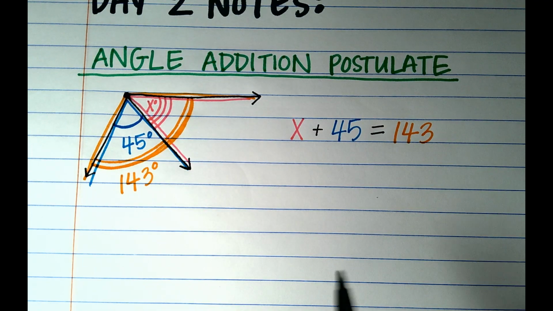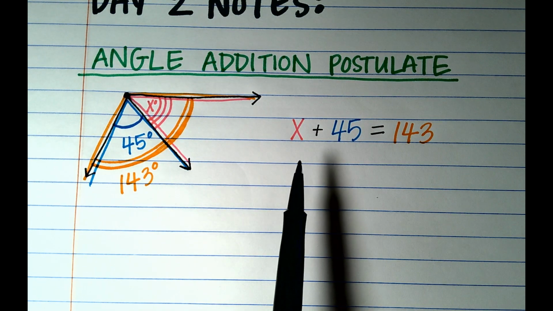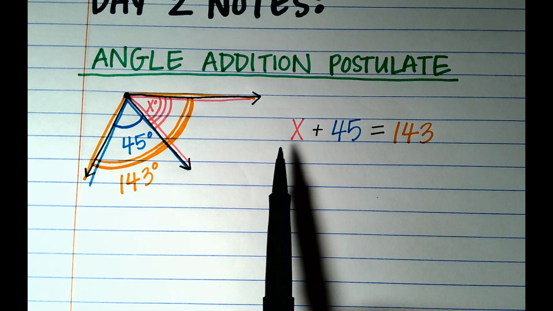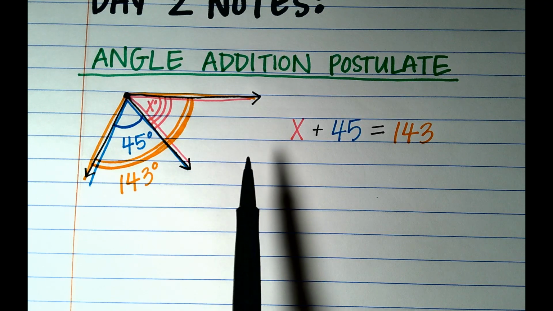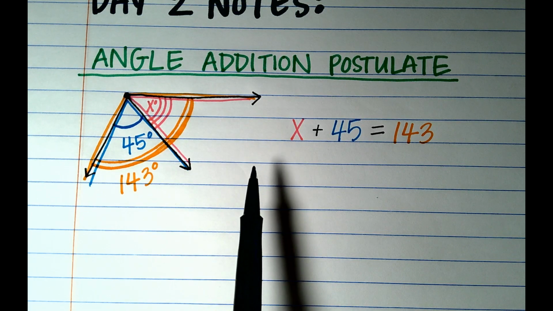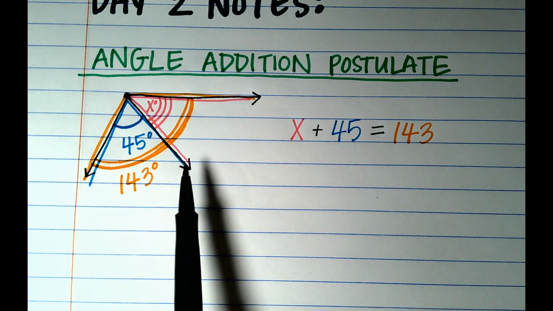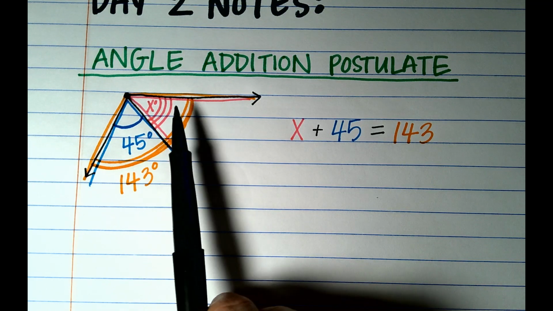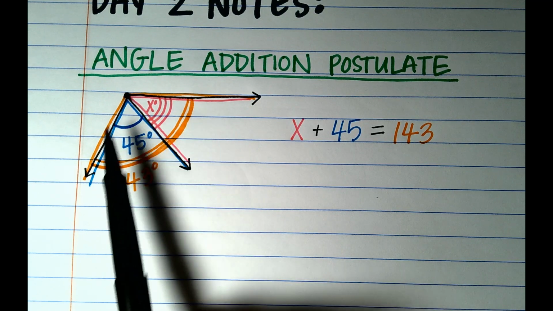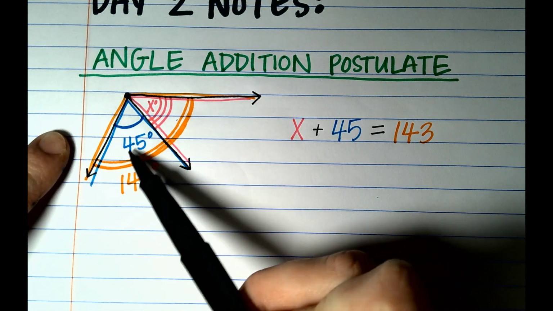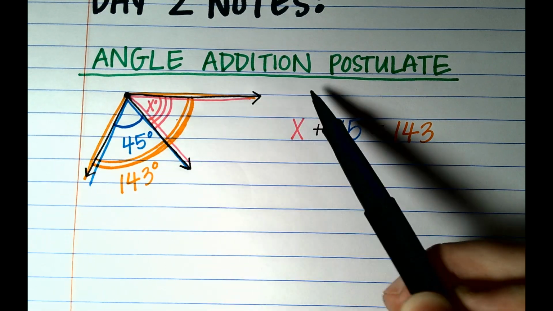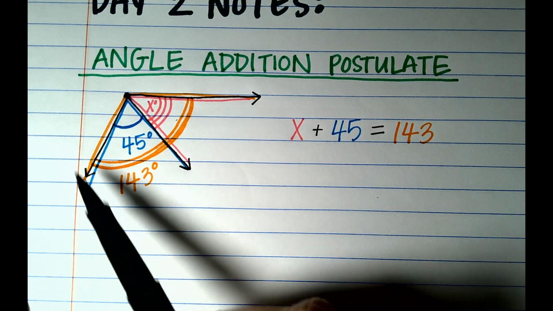Okay. Now, before we go on to solving this, do we understand where this equation came from? X is the combination of the two in the middle. So the X is one in the middle, 45 is another one in the middle. When I put those two together, the small ones, I get the big one. The big one is 143.